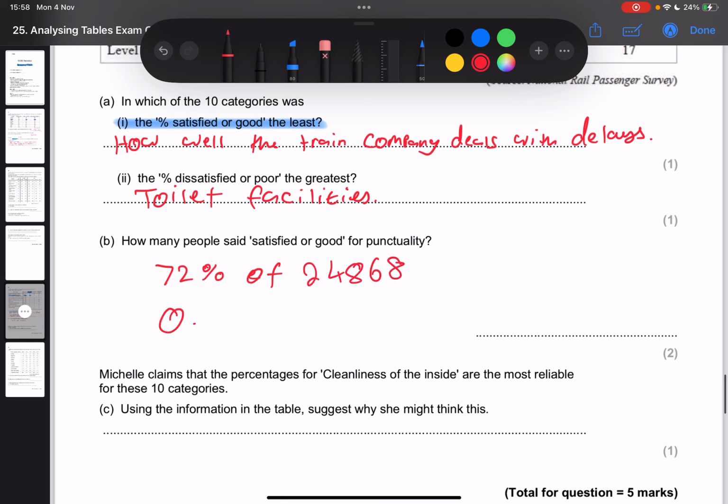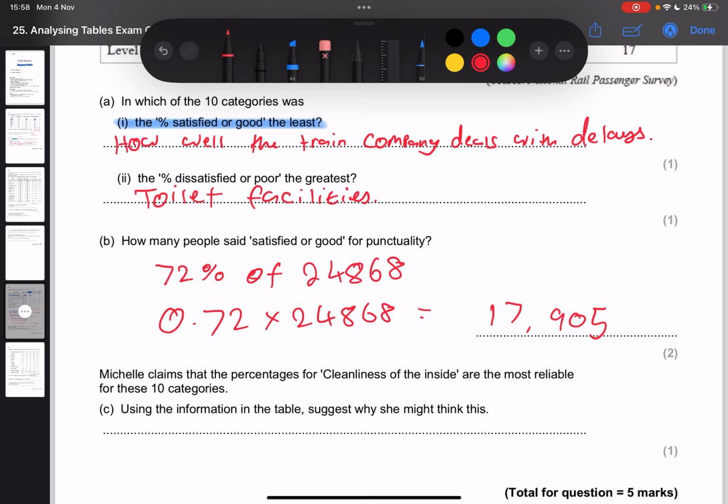So now it's just calculator work. You could do 0.72 times 24868. Type that into your calculator. And then you get 17,905 to the nearest whole number.